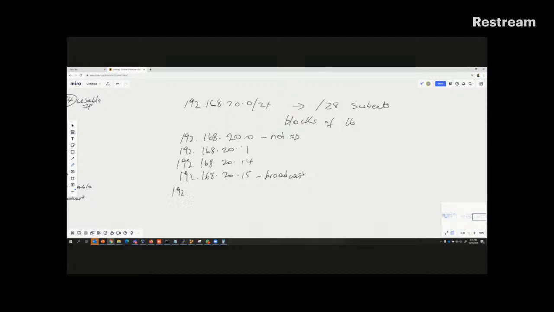and 192.168.20.16 is the network ID for the new subnet. Then the first usable in this new subnet is 192.168.20.17. The last usable would be 192.168.20.30, and 192.168.20.31 would be the broadcast.